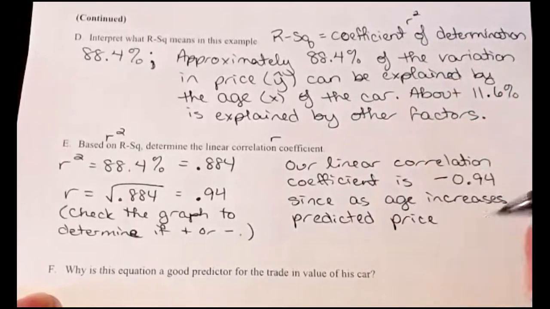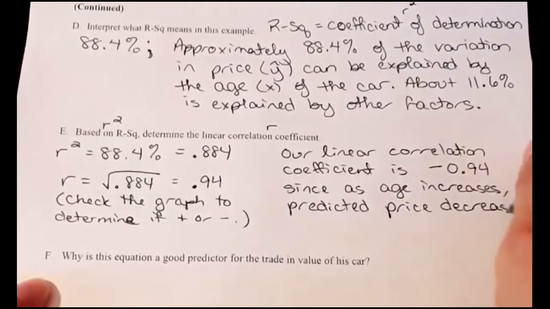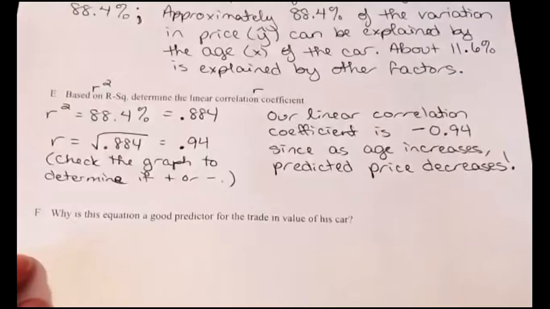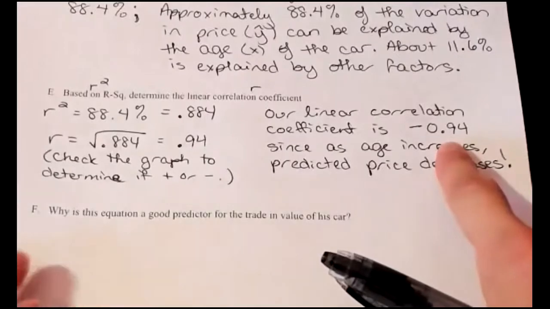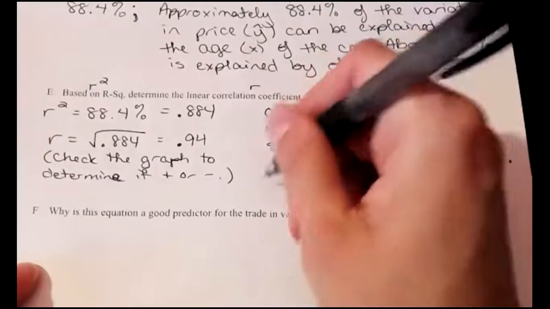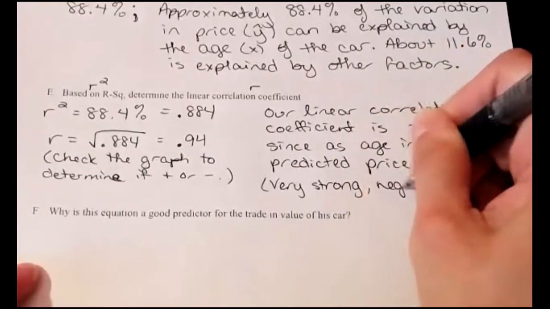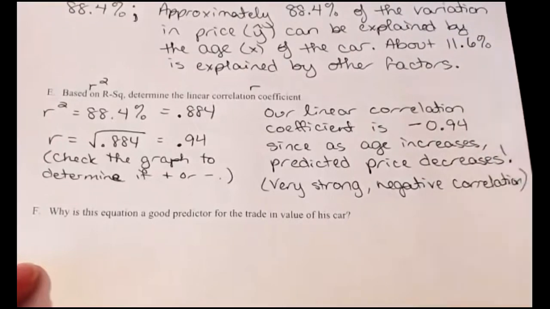I was going to say predicted trade-in value, but I'm okay with predicted price. If you were to look this up on your scale, this is going to be a very strong negative correlation. So I'm going to write in here, very strong negative correlation. It's almost a -1. It's almost a perfect correlation. That's insane.